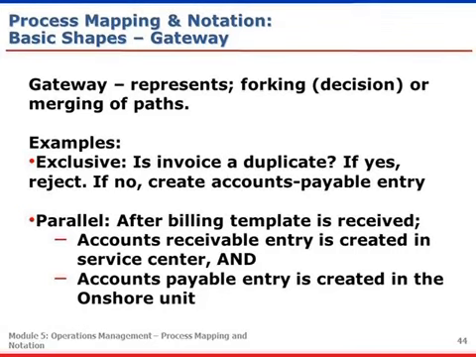Examples: exclusive is, is the invoice a duplicate? If yes, reject; if no, create accounts payable entry. Parallel would be, after the billing template is received, an accounts receivable entry is created in the service center and an accounts payable entry is created in the onshore unit.